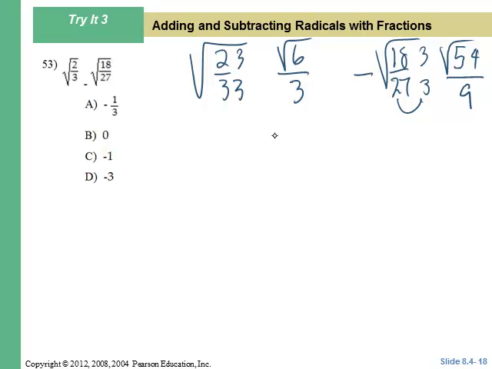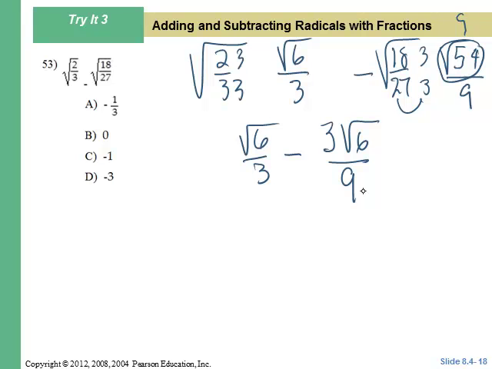So you have the square root of 6 over 3 minus, this is, if you divide that by 6, you have 9. So this 3 root of 6 over 9. But you can simplify this to get a 3 on the bottom. Square root of 6 over 3 minus the square root of 6 over 3 is 0.